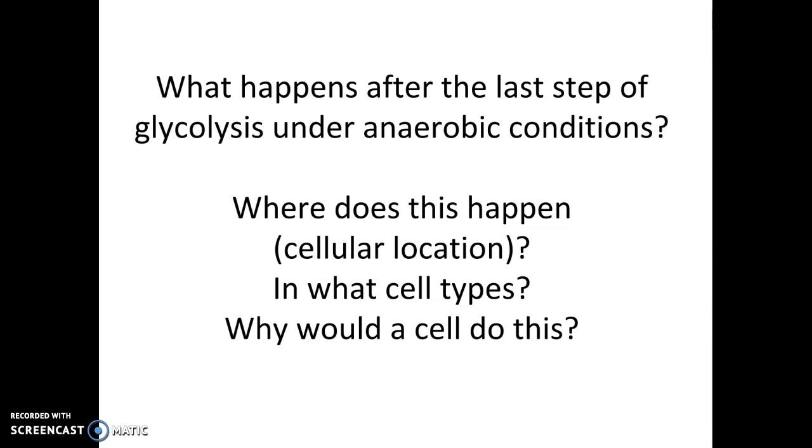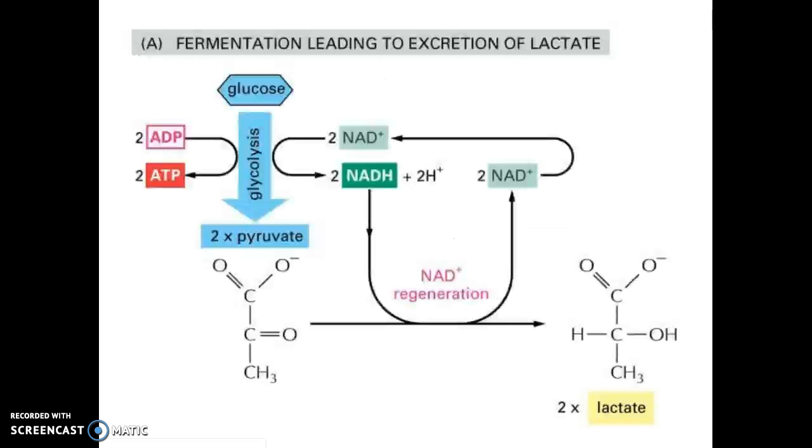Well, we can take that reduced form and use it, and the pyruvate, which was the downstream product of glycolysis, and we can do fermentation reactions and get that NAD back so that we can continue to get those 2 ATPs. That's what bacteria do. That's what yeast do. They do fermentation reactions. And you do too when you're in anaerobic conditions.